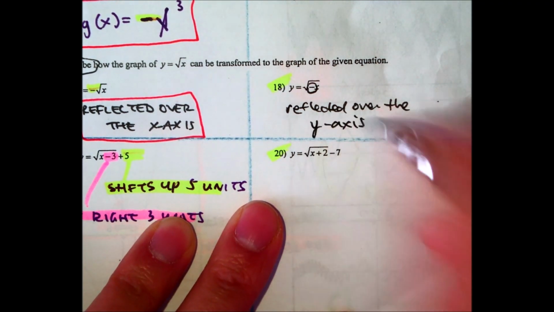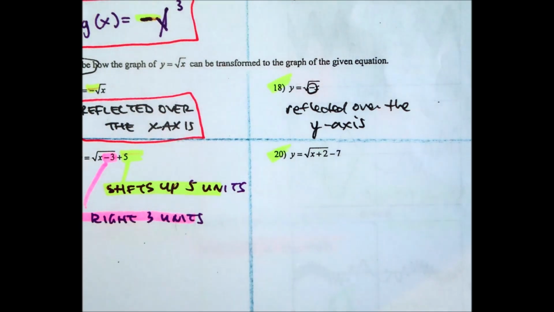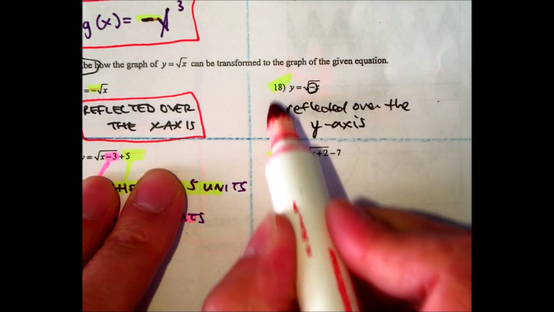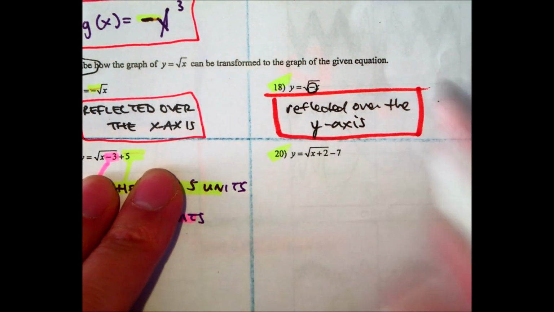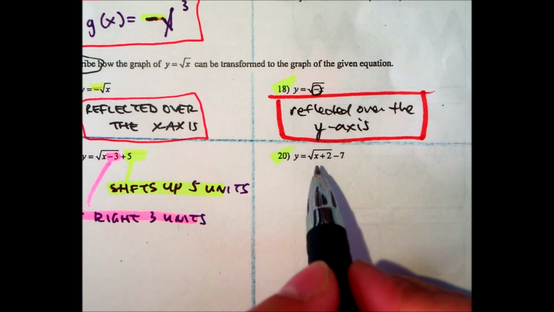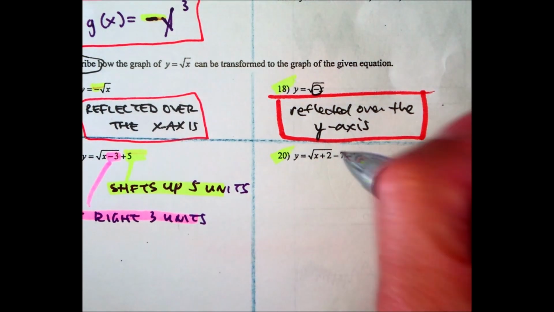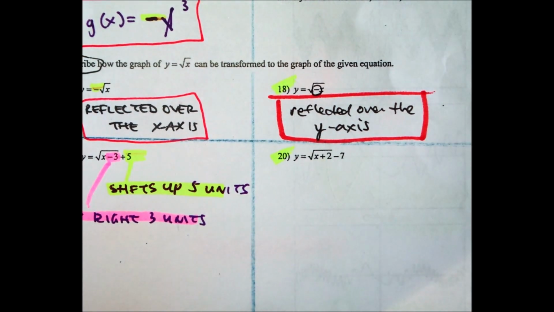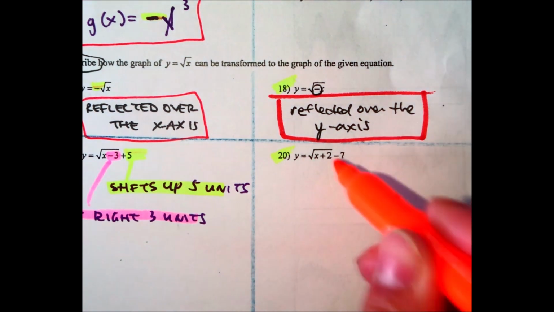So what we've been doing for the past 2 days is that you don't need to graph it, and you want to observe the characteristics of what's happening. And if you need to, you can draw a quick sketch. Last resort, turn to your calculator. Number 20 has 2 things going on. Class, what does this negative 7 do on the outside?